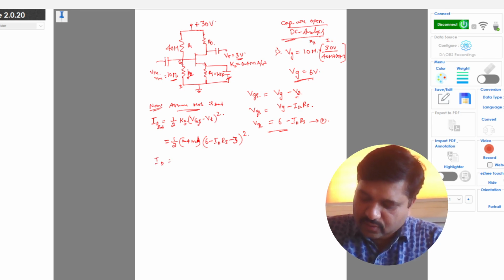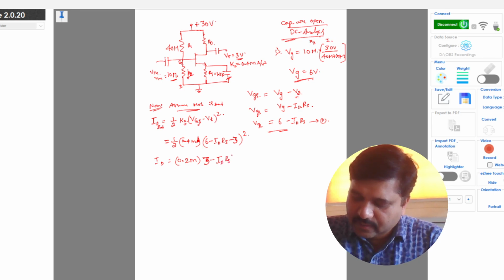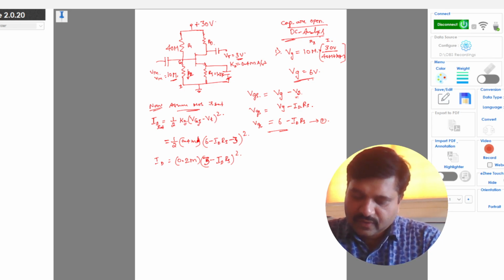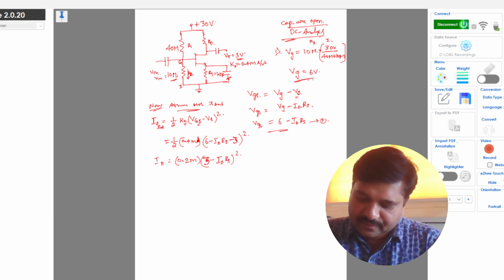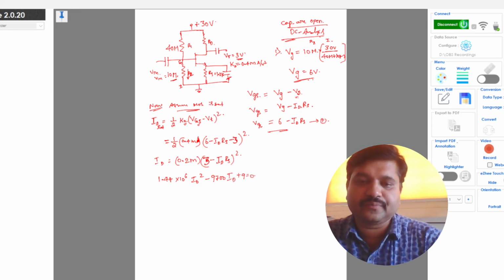So Id is equal to 0.2 milli into (3 minus Id into Rs) whole square. On solving, you get the equation 1.44 into 10 power 6 Id square minus 9700 Id plus 9 is equal to 0.